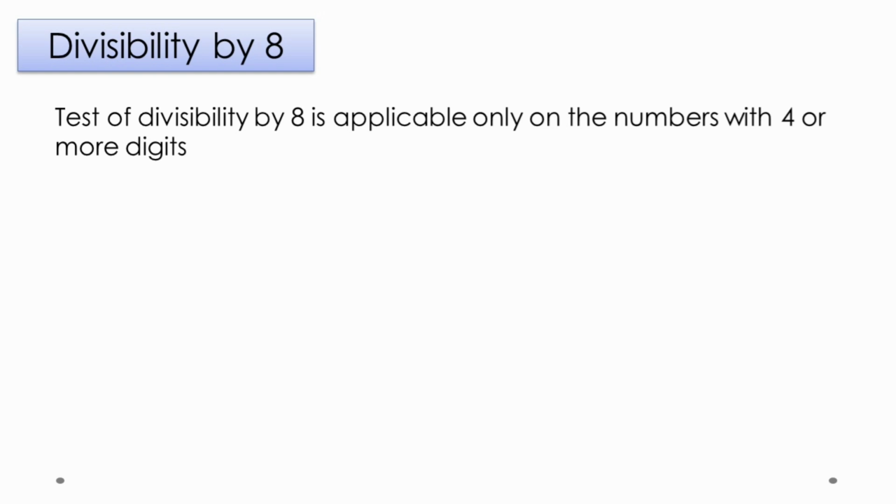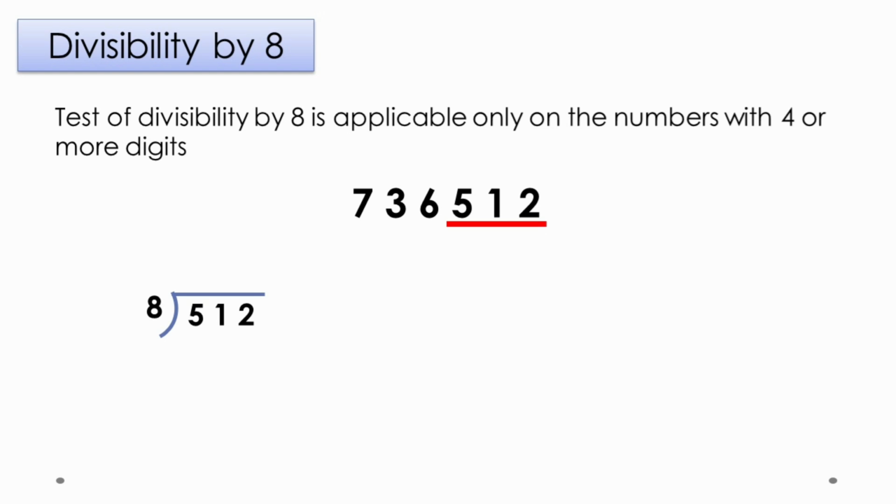Let's take an example to understand this. Let the number be 736512. As we see, the last three digits in this number are 512. Now we have to see if 512 is divisible by 8 or not.